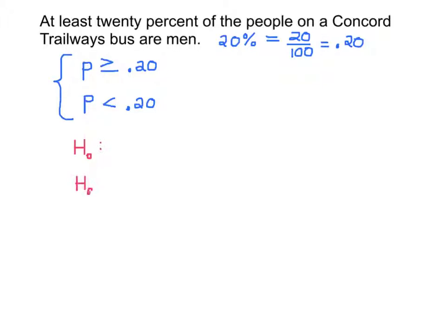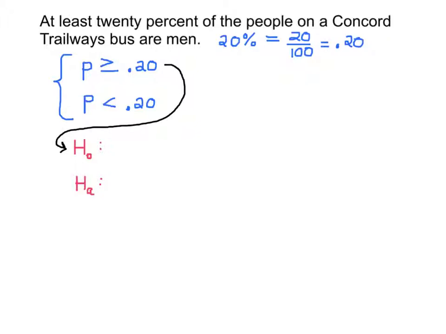Now, our null hypothesis always has to have an equal sign in it. So our null hypothesis is going to come from this statement, the one that has the equal sign in it.